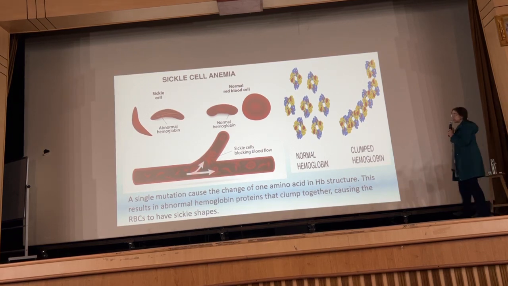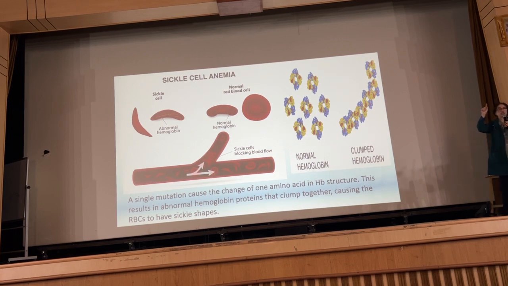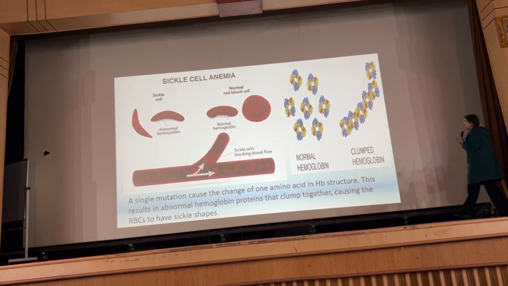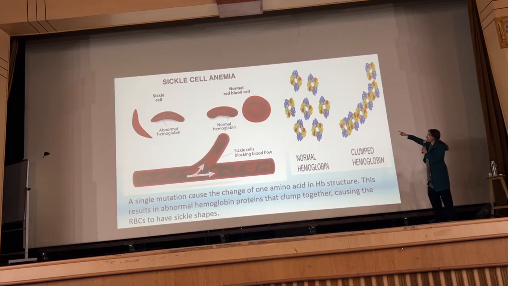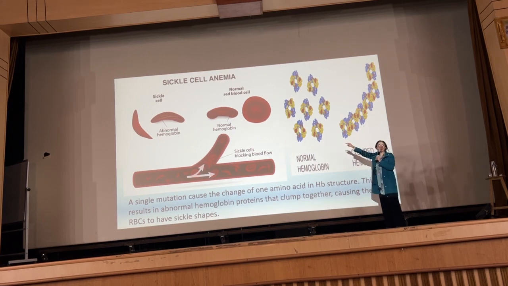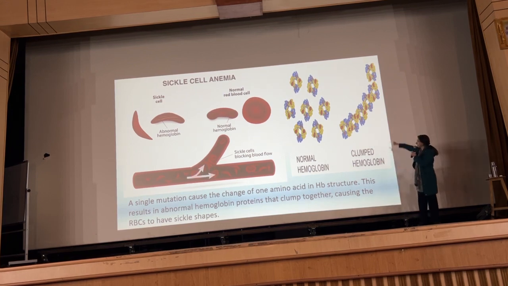But a mutation in one nucleotide of one of the genes of hemoglobin causes the change of one amino acid in hemoglobin. That change causes a dramatic change. It causes the molecules of hemoglobin to cling together and make long chains, as you can see here.